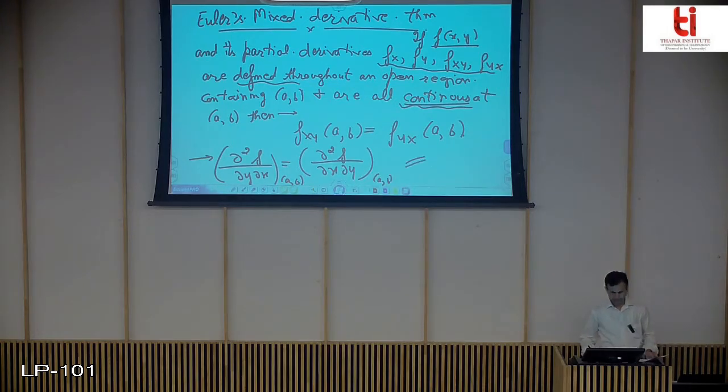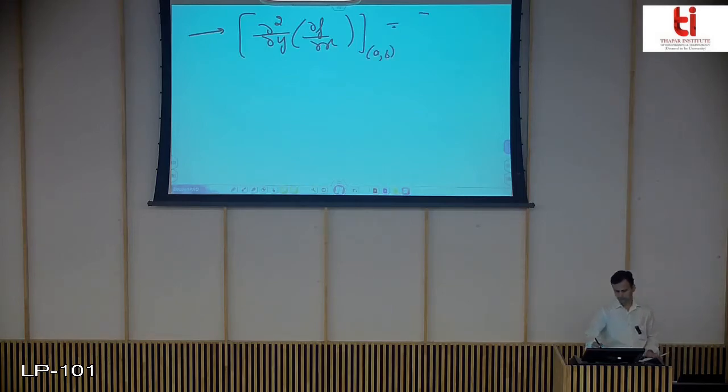So this is Euler's mixed derivative theorem, according to which you can differentiate a function in any order. If you have something like del square f by del y del x at point (a,b), then either you differentiate first with respect to x, or you can differentiate it first with respect to y.